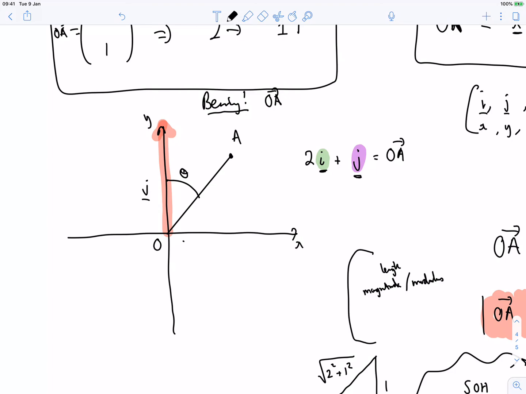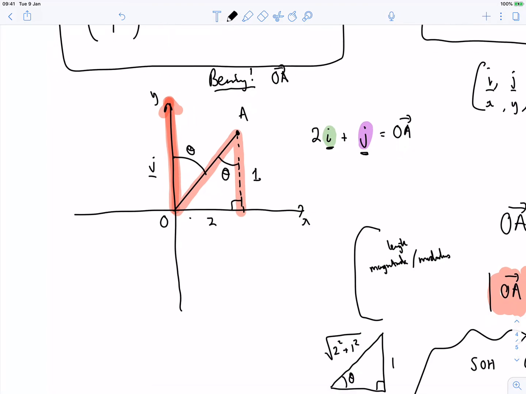Well, that's fairly easy to compute, because if I look at this right angle triangle here, then by alternate angles, that north, the hypotenuse, and that side there, we will form alternate angles. So this is also theta here. This was 1 by the diagram, this was 2.